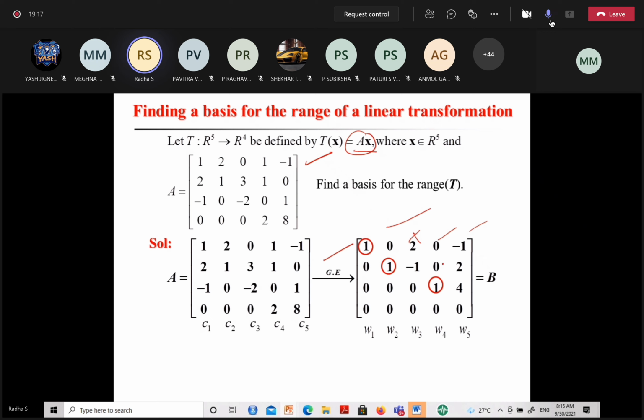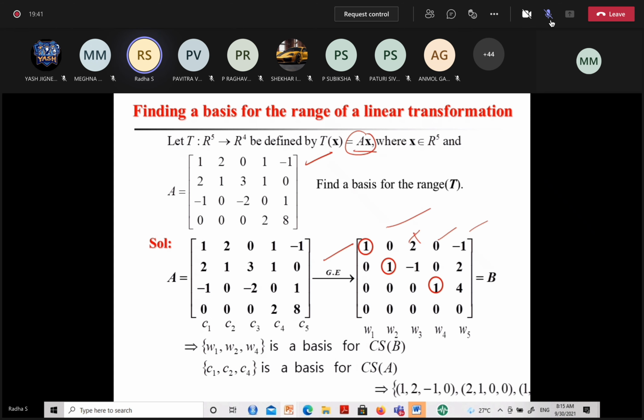The fifth column is a linear combination of 1, 2, and 4. So only 1, 2, and 4 are linearly independent, right? So these columns form the basis for the column space of the range. So the dimension of the range is here 3. Okay, that's what they have given.